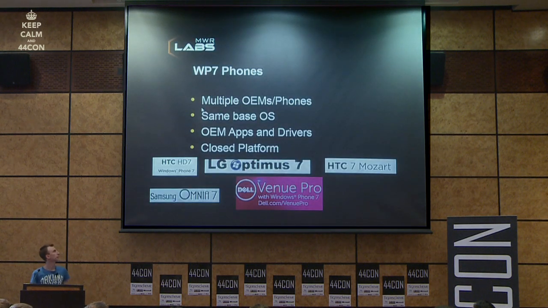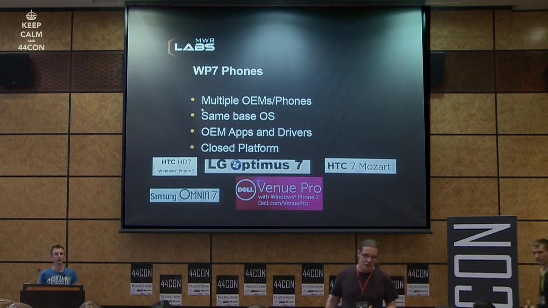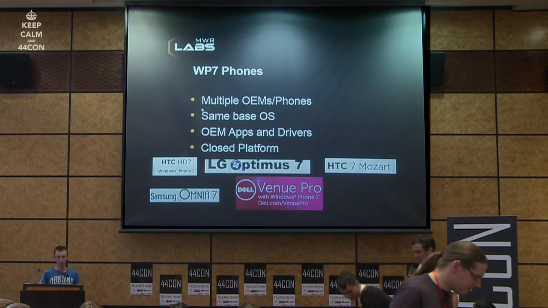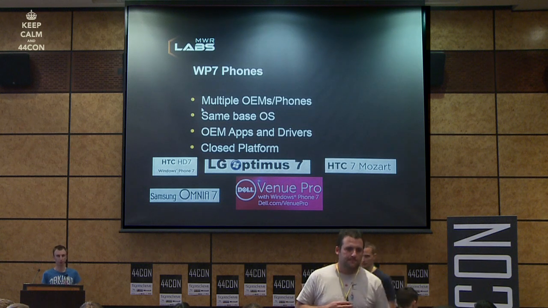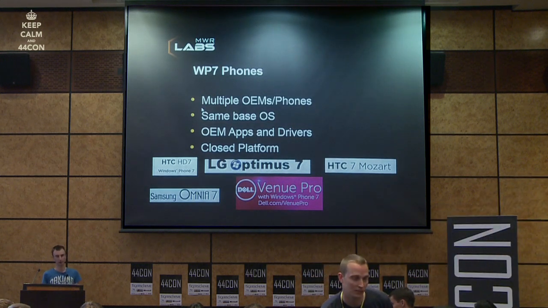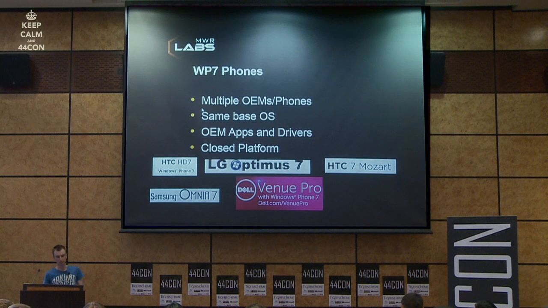So Windows Phone 7 phones themselves, there's currently a lot of manufacturers out there which make the phones. It's not just one phone, like the iPhone, for example. So there's a number of OEMs, the original equipment manufacturers, and each of these OEMs might have a number of phones as well. But ultimately, it's the same base operating system across the range of phones.